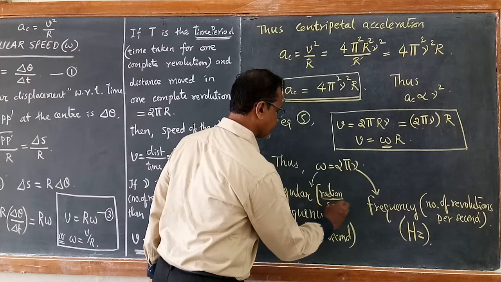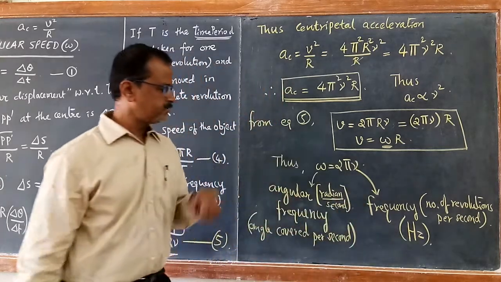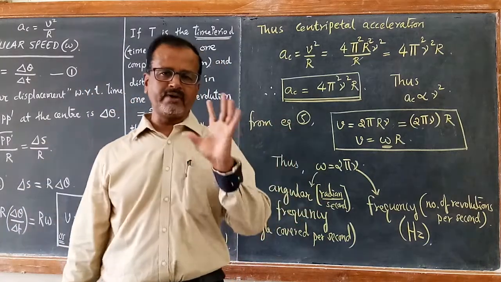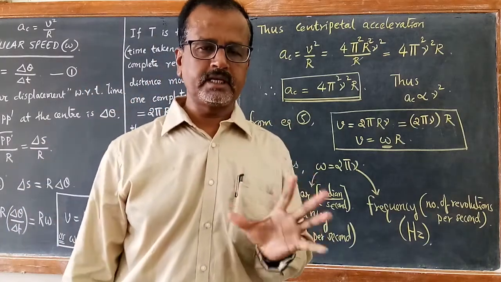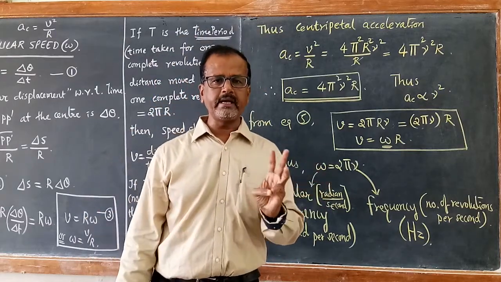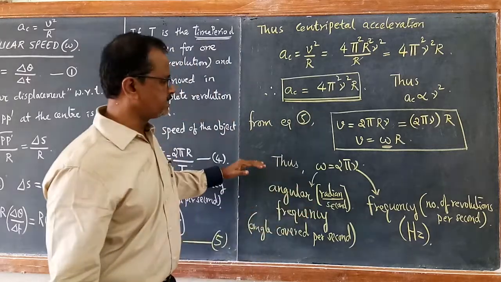Okay, what is radian and all, we shall study later in the next topic. The SI unit of angle is not degree. The SI unit of angle is radian. What is the relation between radian and degree we will study later. Okay, I think it is clear now.